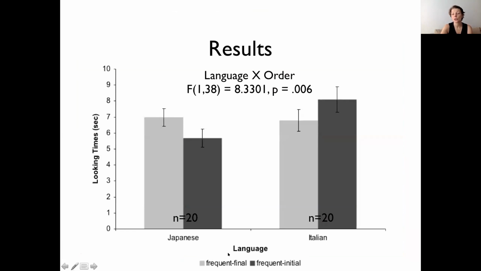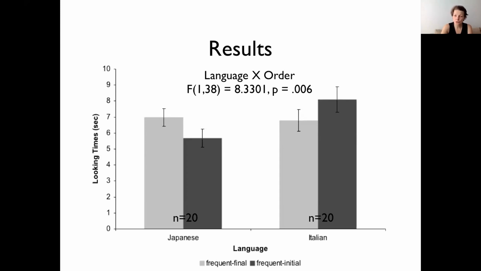And so the color codes are the two different conditions, frequent final or frequent initial. As you can see, Japanese babies show a preference. They look longer to the frequent final items, the ones that resemble Japanese, whereas Italian babies look longer to the frequent initial items, those that sound more like Italian.